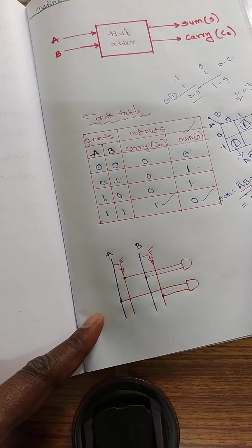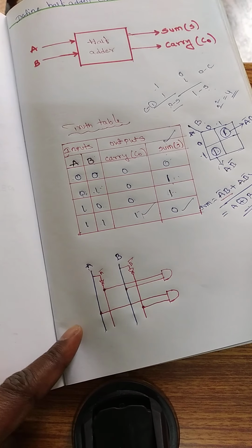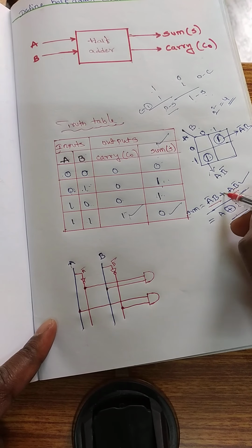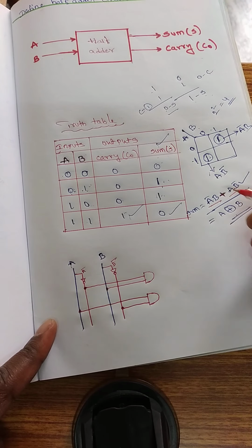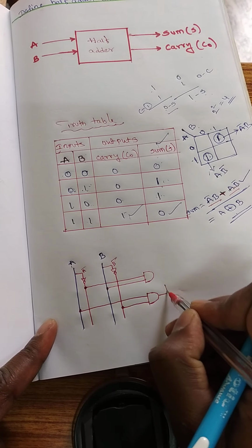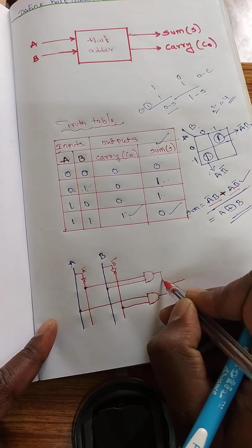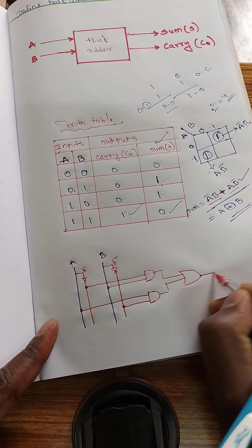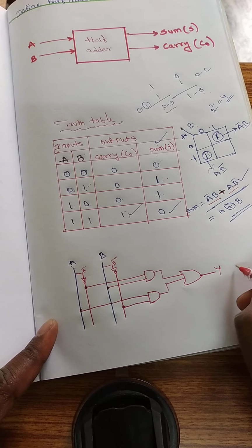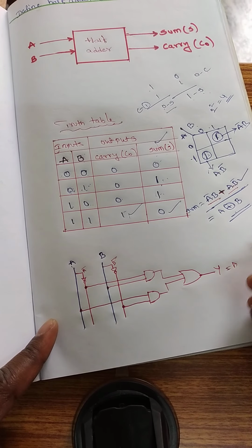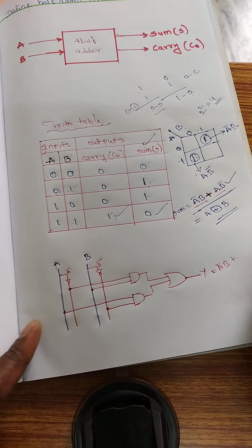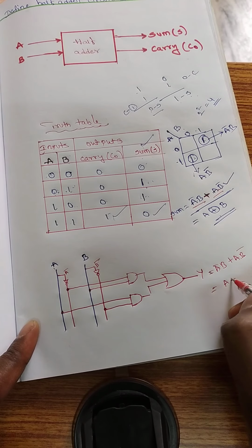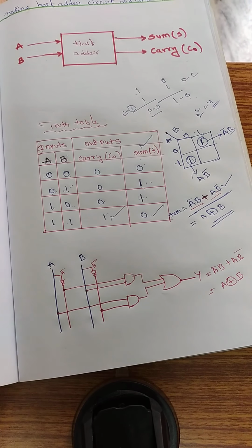So in between these two, we are having OR symbol, nothing but plus. You have to draw OR gate here, and this is the expression y equal to A bar B plus A B bar or A XOR B. Okay.